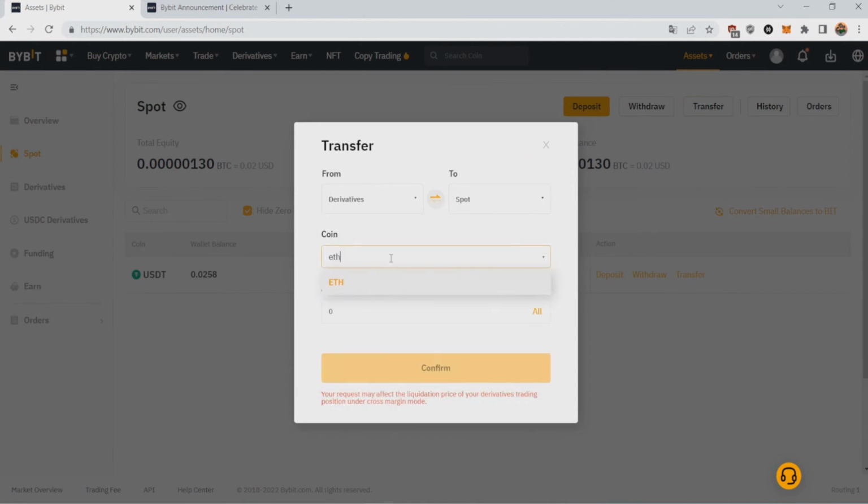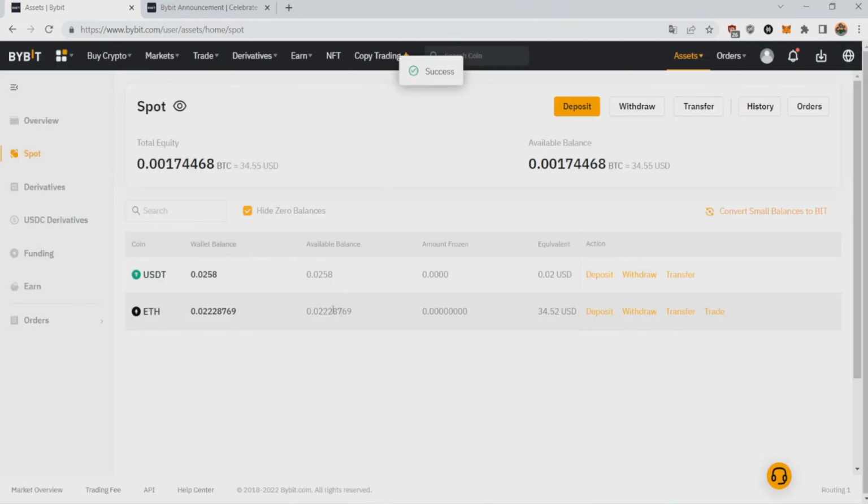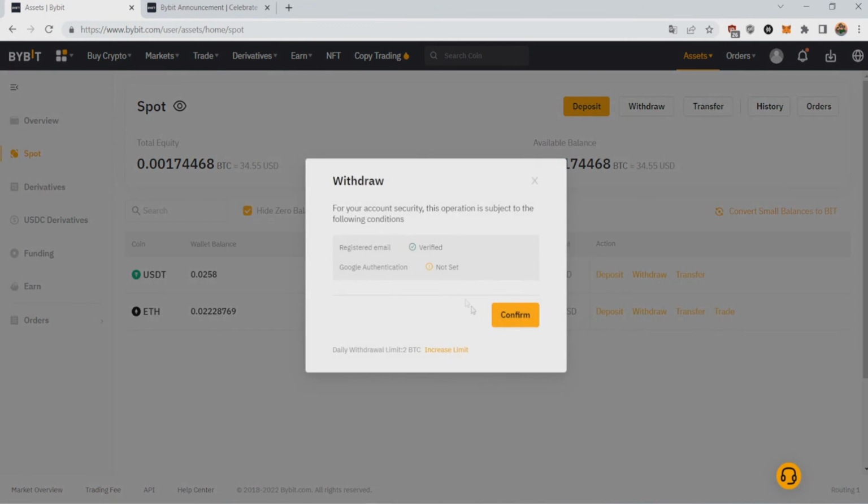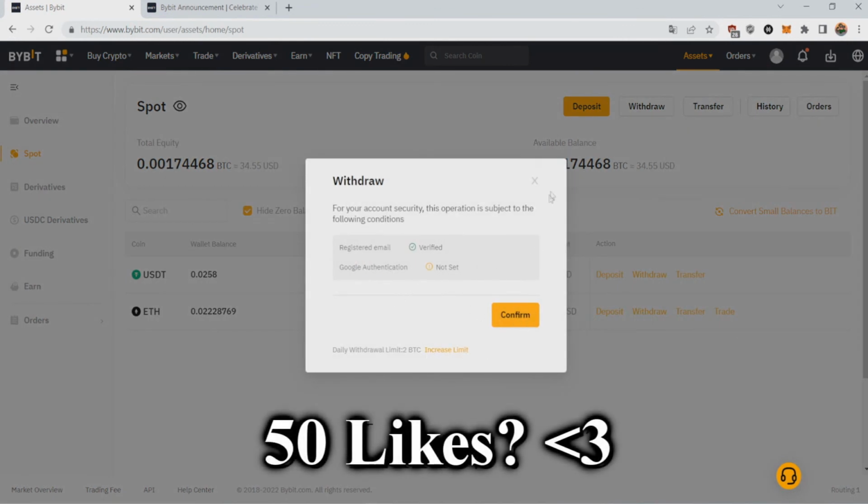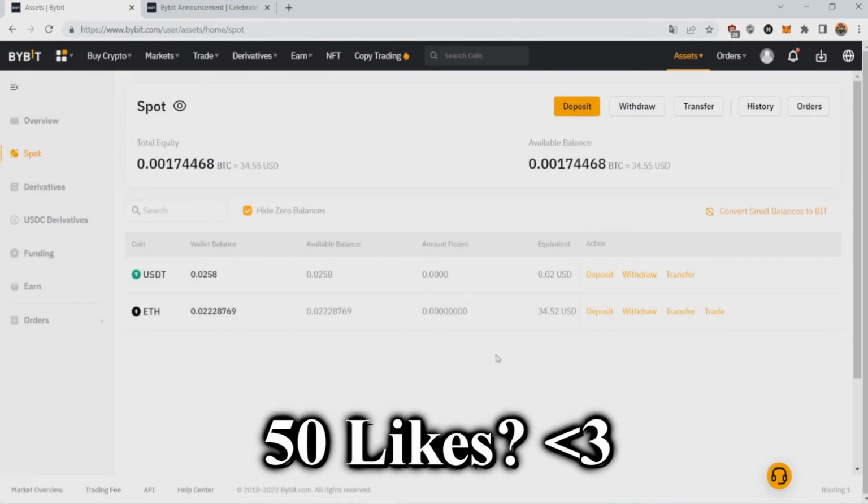I have Ethereum, so I'll put Ethereum. I'm gonna put all, and then I'm just gonna confirm, and as you can see, it's already back in my spot wallet. And if I wanna put it on another exchange or wallet, I just click withdraw. I have to put Google Authenticator to do that. I didn't do that yet, but that's how easy it is, guys.